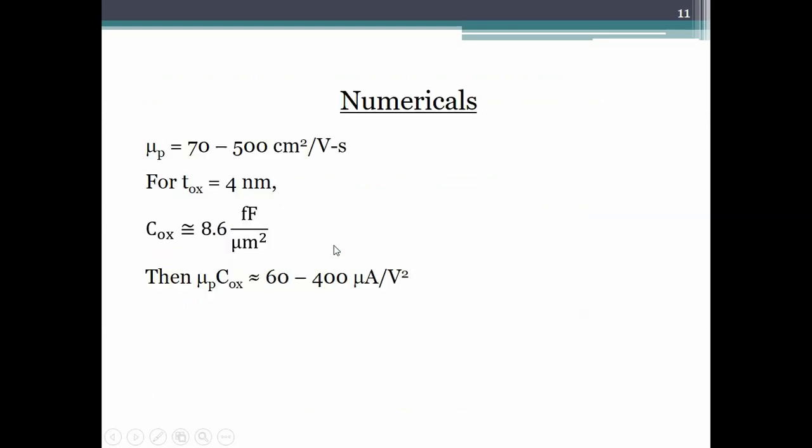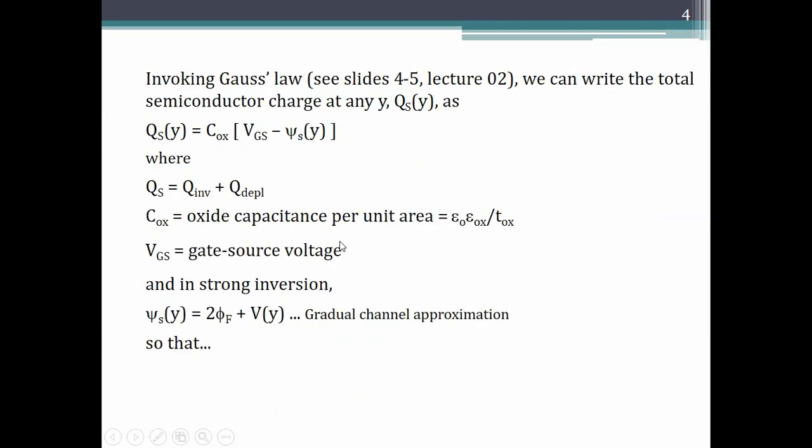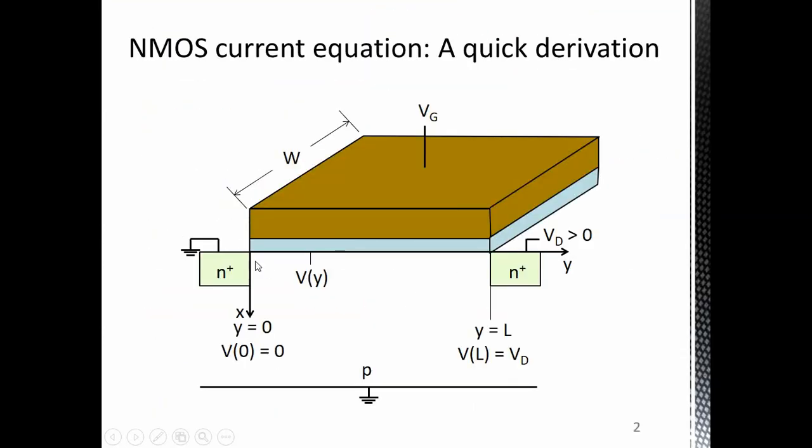Okay, let me quickly talk about this. So here we define the channel length as the edge of the source body junction to the edge of the drain body junction. All right, but this is really incorrect actually, because first of all, to begin with, there is a depletion layer.